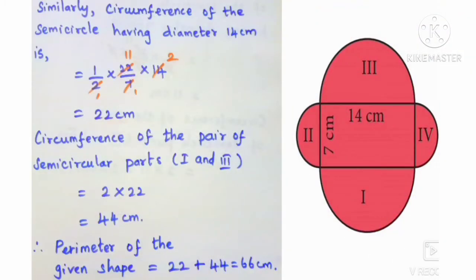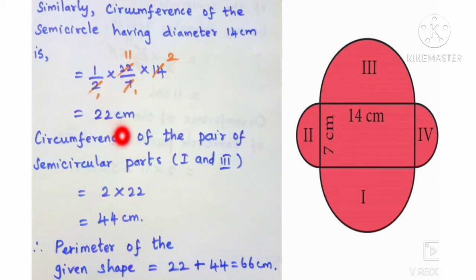Similarly, circumference of the semicircle having diameter 14 is, substitute 14 in that formula, 1 by 2, pi value is 22 by 7 into d is 14. So cancelling 7 and 14 one time and 2 sevens are 14 two times. So 2 and 22 when we cancel we get 11. So 11 into 2 is 22 centimeters.